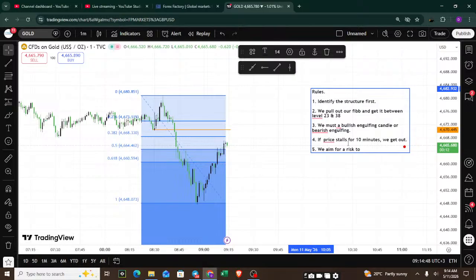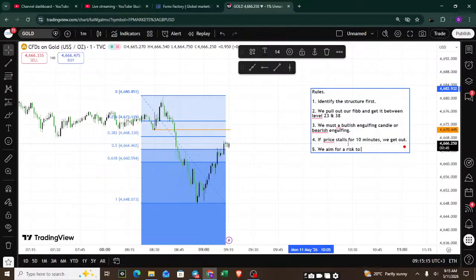So if we get in and our trade idea begins responding to us, we target 1:3, 1:4, and not less than that.